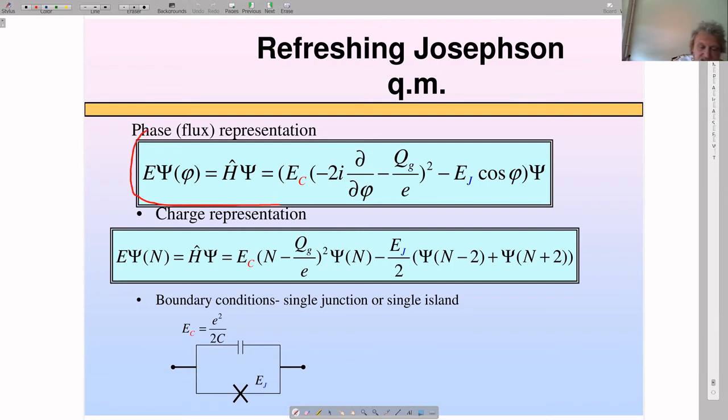It has a wave function, which can be written either in phase, where phase is the same as magnetic flux, or in charge representation. Right, so there are associated Hamiltonians, thus the charging energy, which in phase space looks like the kinetic energy of a particle. And there's the Josephson energy, which in phase representation looks like a potential where this particle is moving.